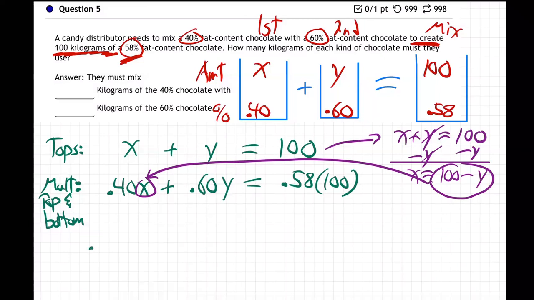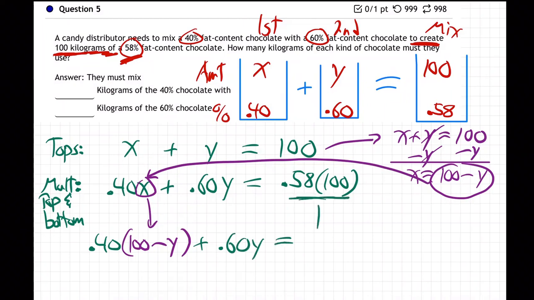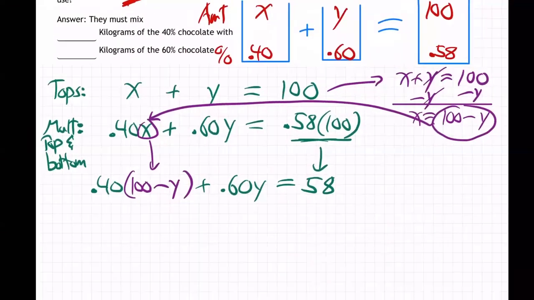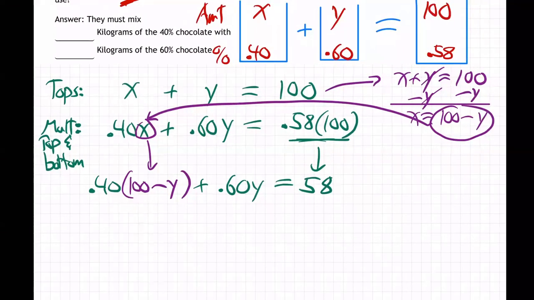Okay, so then what do we have? 0.40 times X, and what's X? 100 minus Y, right there, plus 0.60 times Y equals, and then multiply these on your calculator, you'll just get a plain 58. Like that. And then we keep going.